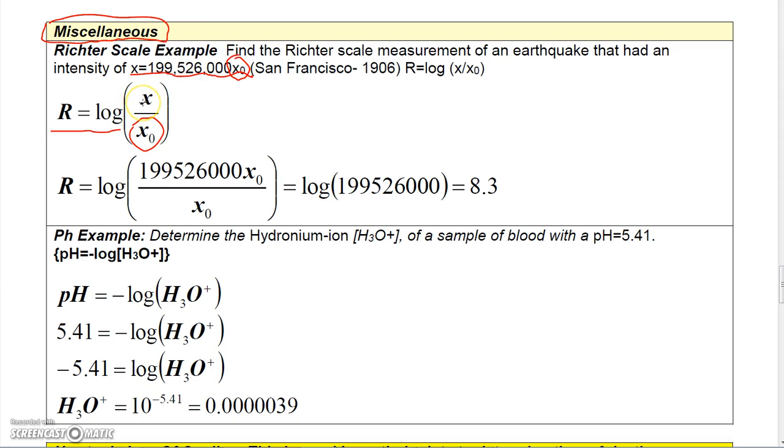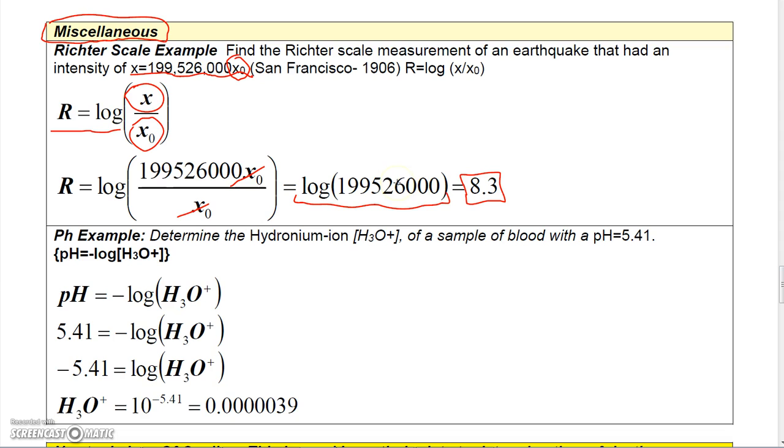So to find the Richter scale measurement of that, you can simply take 199,526,000 times x naught and substitute it in this formula for x, and then when you do that, you'll get x naught over x naught cancels. So basically all you're getting is the common log of 199,526,000, and when you plug that in a calculator, you get a Richter scale measurement of 8.3.